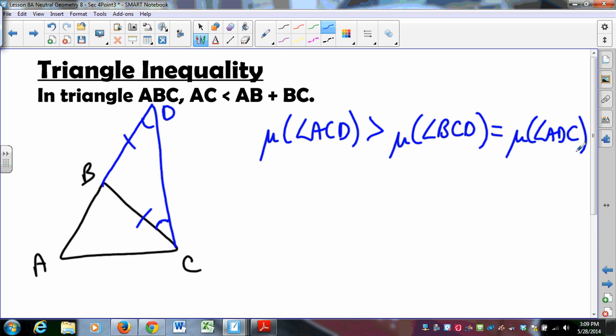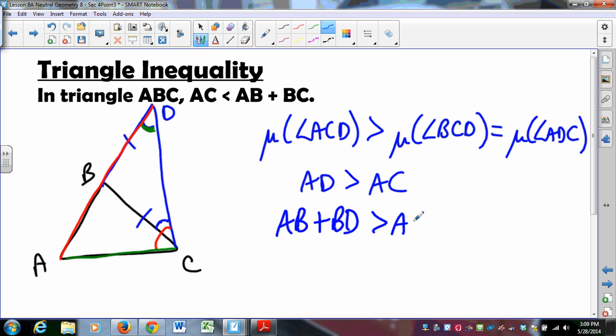Well, the scalene inequality says that if this big red angle is bigger than that puny green angle, then this opposite side has to be bigger than that opposite side. So AD has to be bigger than AC. But AD is just what you get when you add AB and BD. And oh, wait a minute, BD is the same as BC. And now I've got what I want. The triangle inequality works even in neutral geometry. You do not need the Euclidean parallel postulate to prove the triangle inequality.